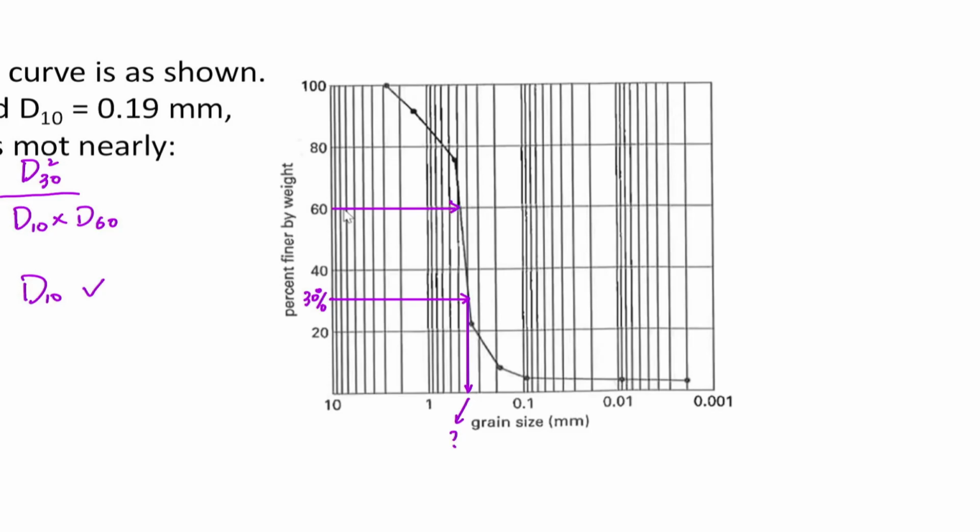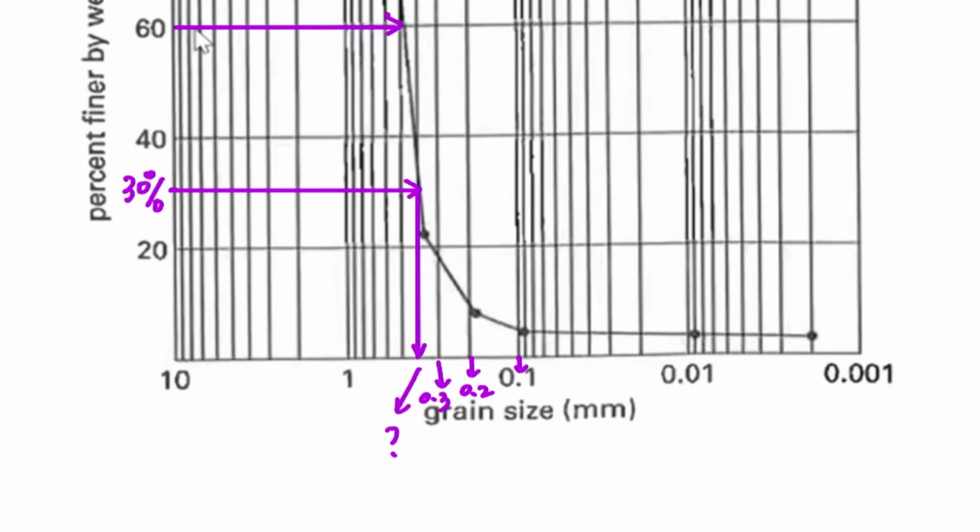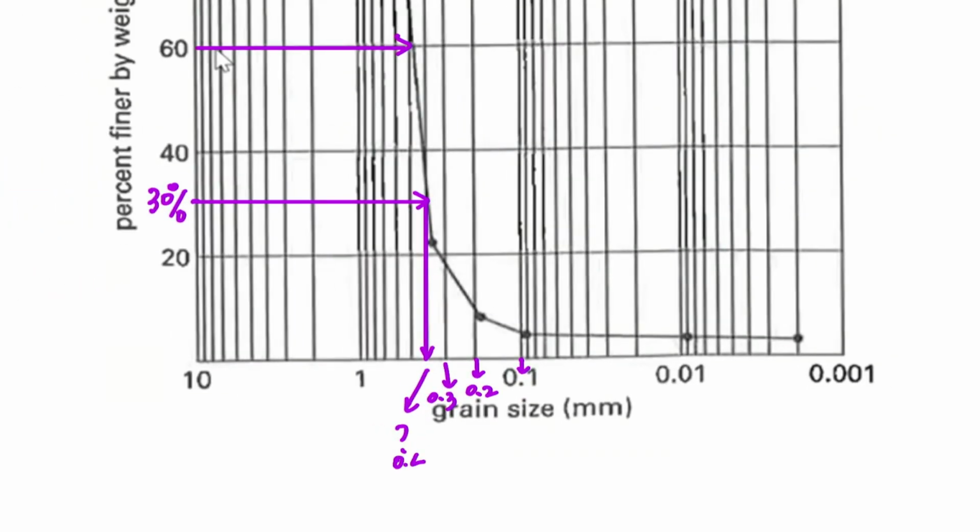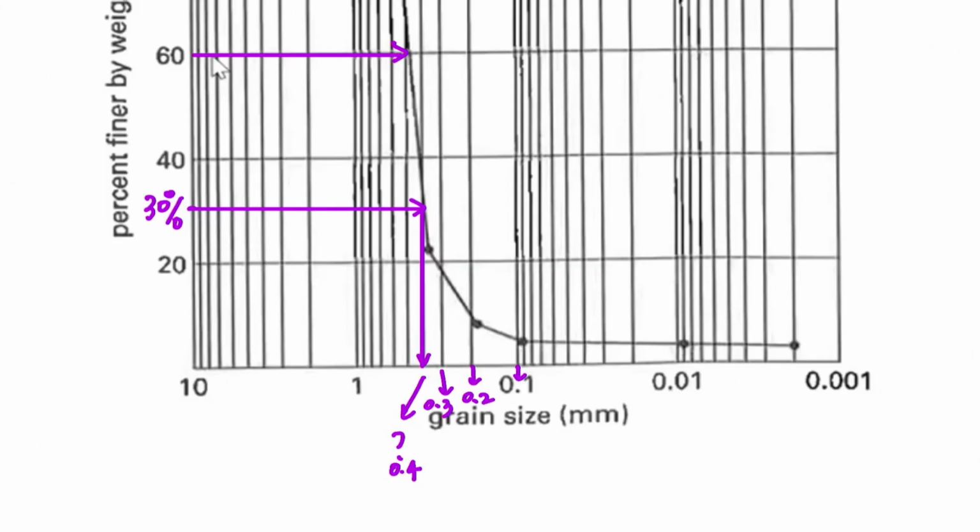And again, everything is a log scale, so we have 0.1 over here. So this would be our 0.2. This would be our 0.3. And this would be 0.4. And our actual point of interest is a little bit smaller than 0.4.